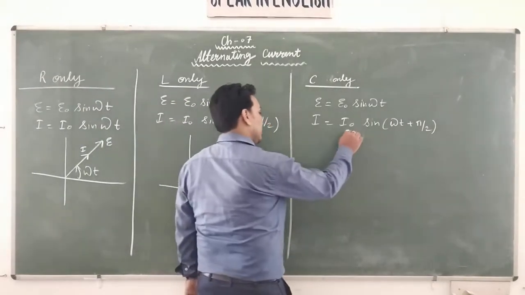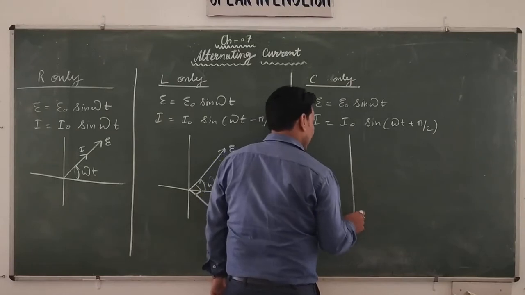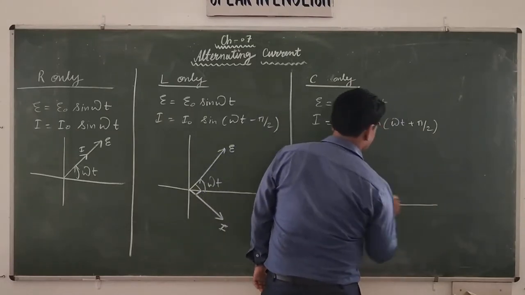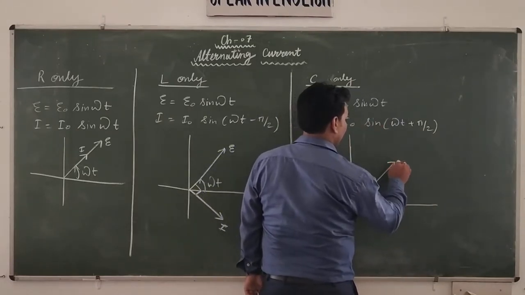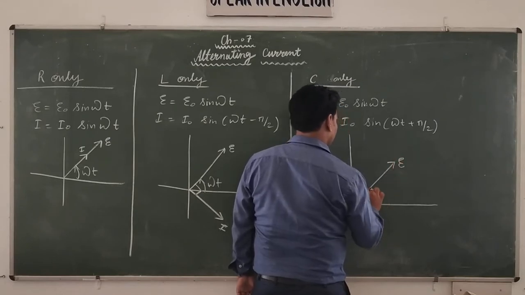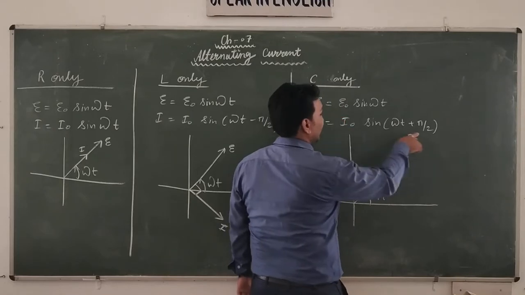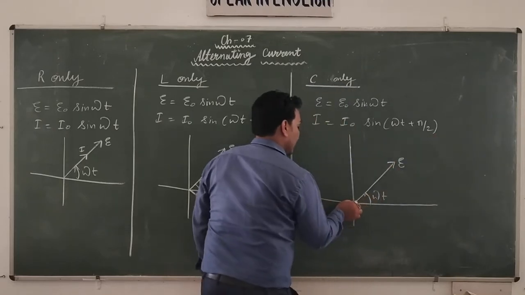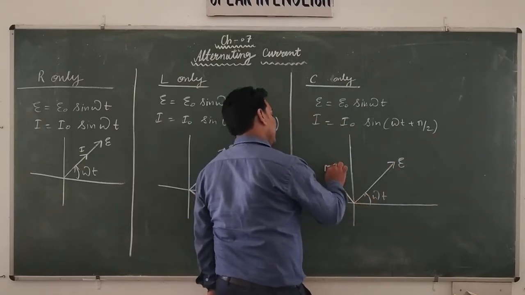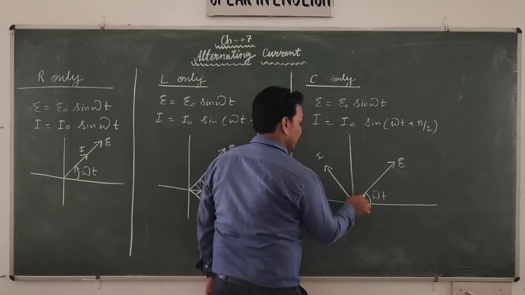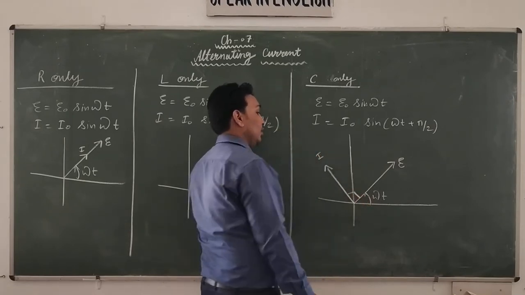In this case, the phasor diagram is given as EMF somewhere here with an angle omega t. Then current leads the EMF by an angle pi by 2. Means current is ahead in phase, and this will be ahead in phase by an angle what? Pi by 2 with the EMF.